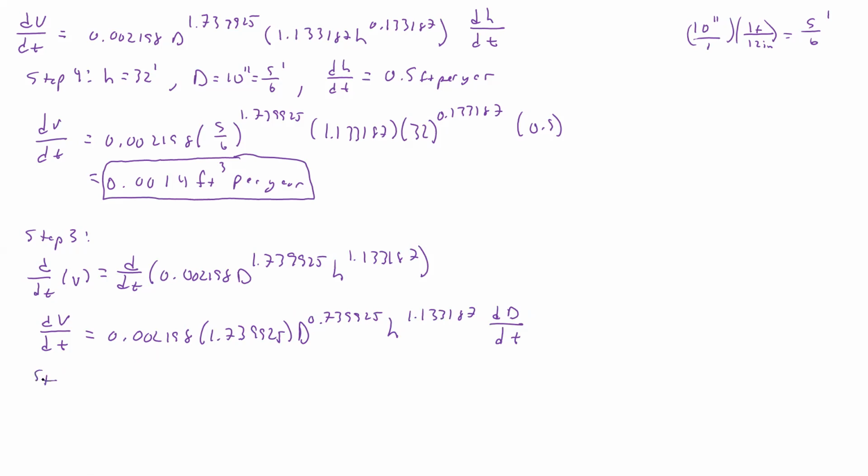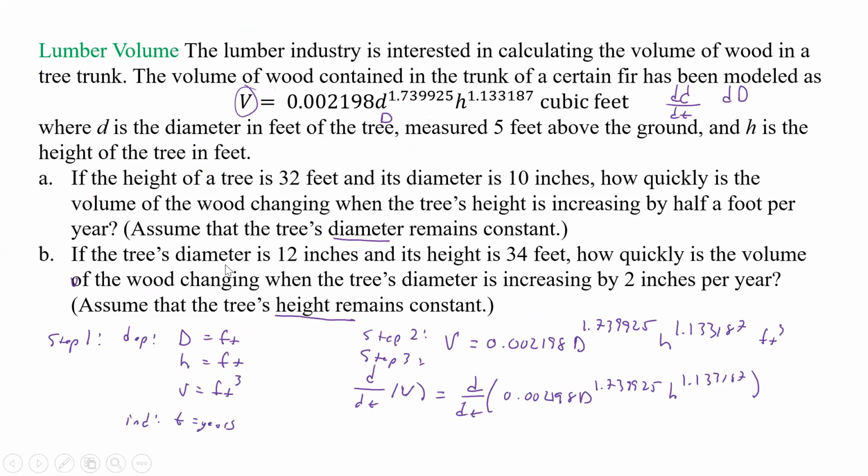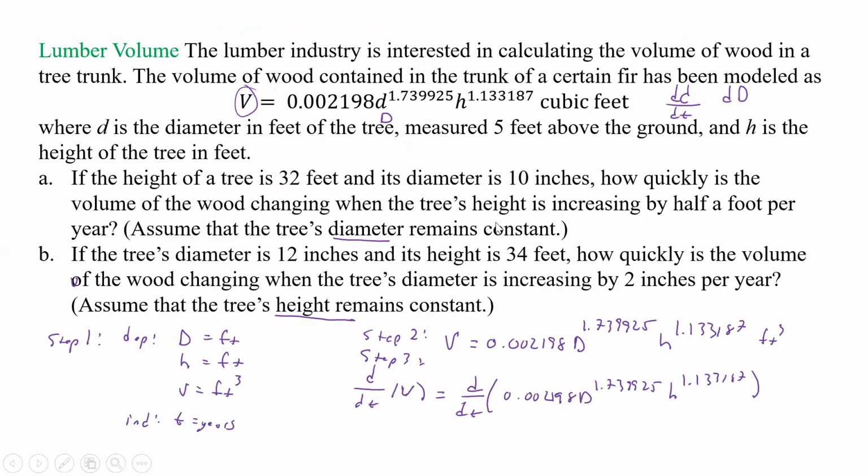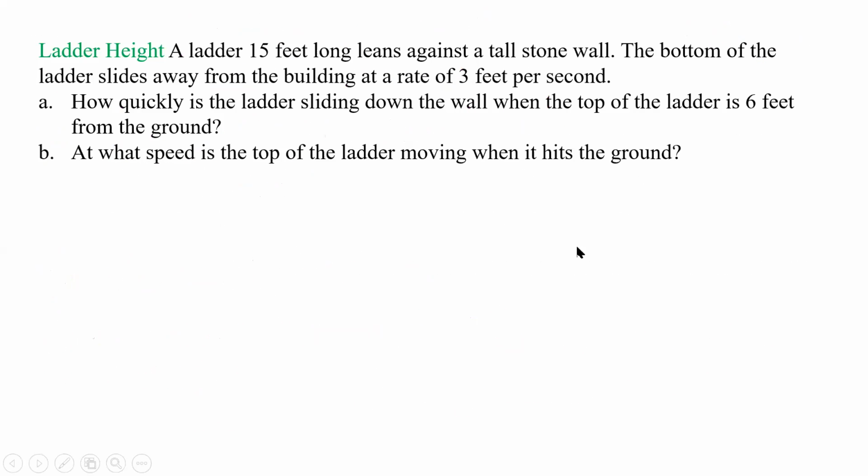So now step 4, we have to see what they tell us our values are. Okay, the diameter is 12 inches. Well, 12 inches is a foot. So the diameter is 1 foot. Height's 34 feet now.